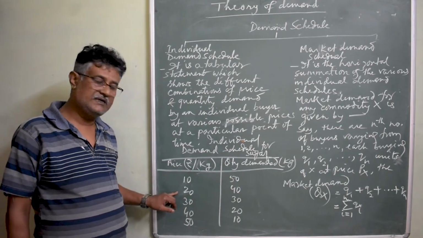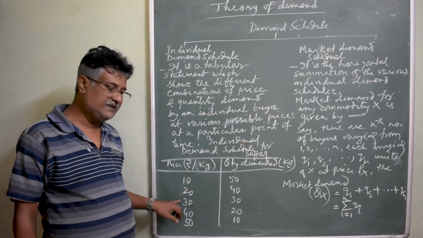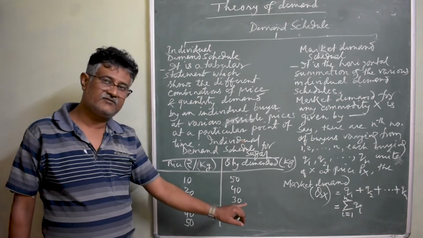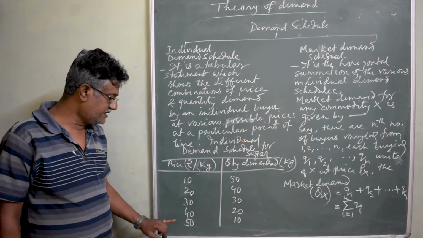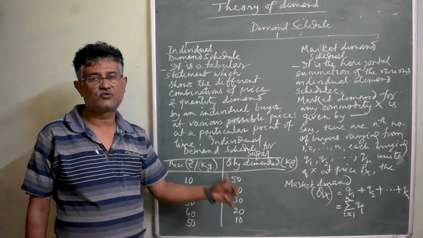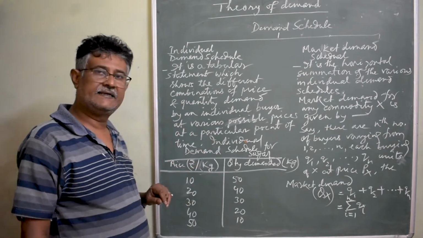When the price is rupees 20, 40 kgs. When the price is rupees 30, 30 kgs. When the price is rupees 40, 20 kgs. And when the price is rupees 50, 10 kgs of sugar is demanded.